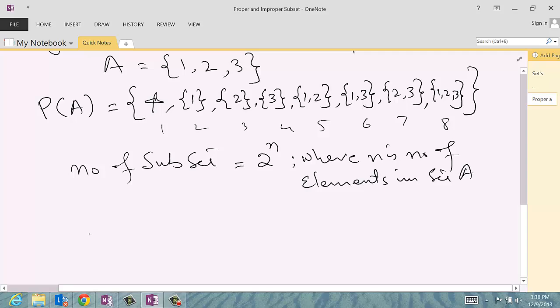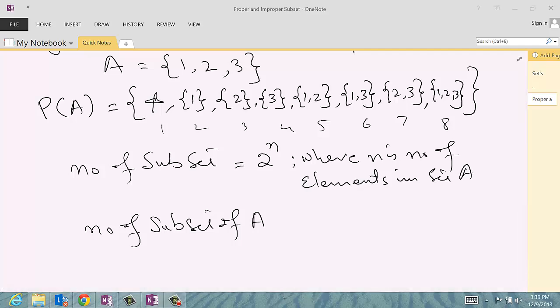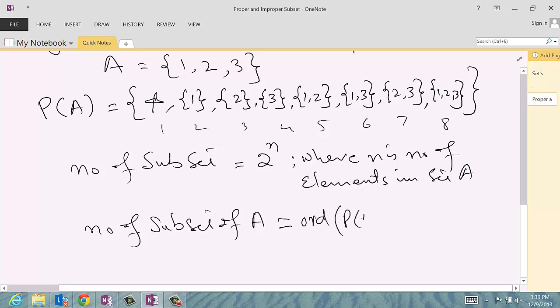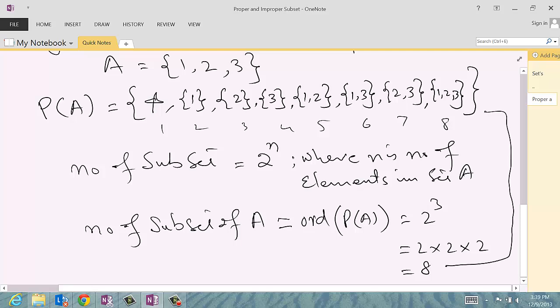There were 3 elements, so the number of subsets of A, or in other words the order of the power set of A, is equal to 2 power 3, which is 2 times 2 times 2, that is equal to 8. So that's how you can see that there are 8 elements in total in the power set.